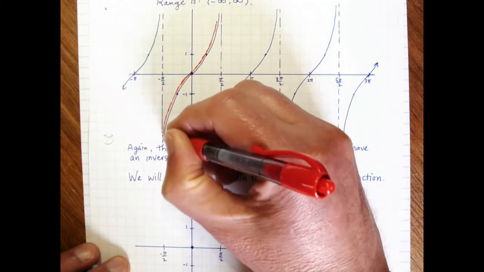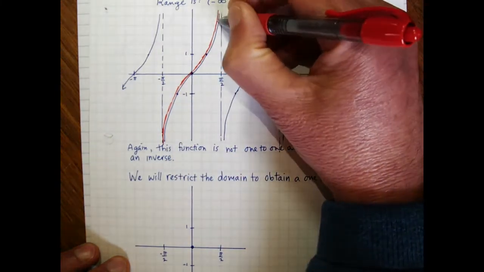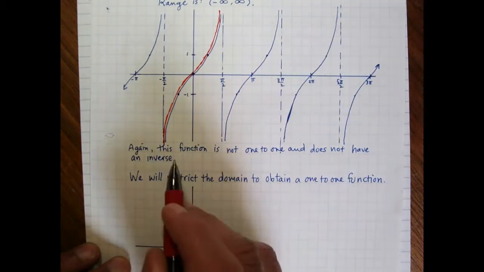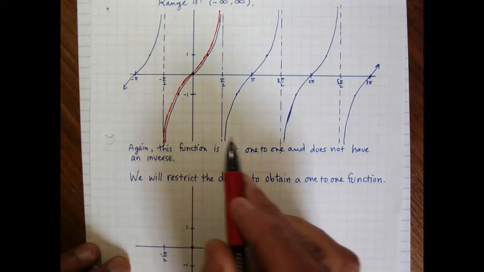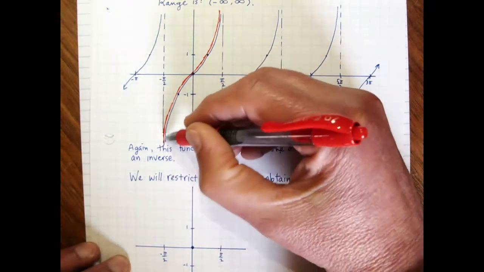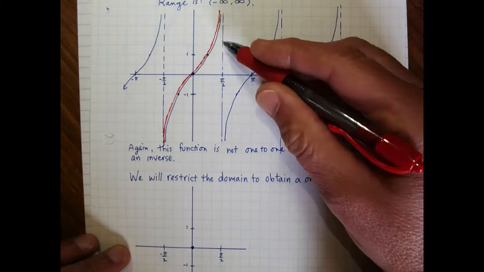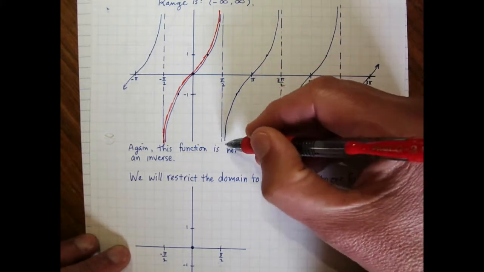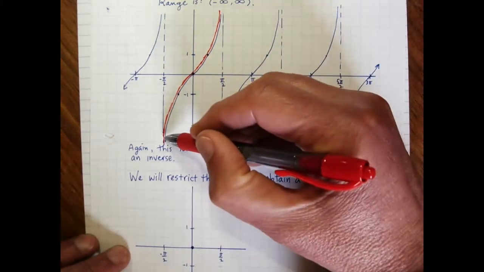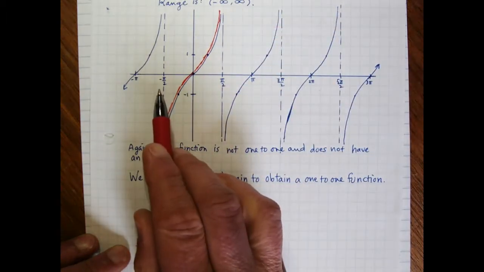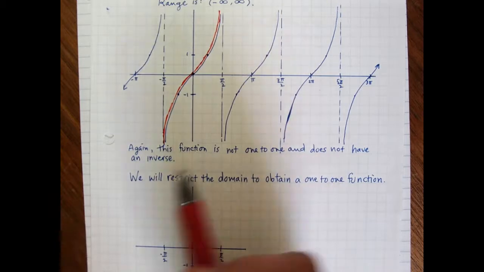In fact, we can take this sort of obvious choice of one full branch of the tangent function between two vertical asymptotes, and the function is one-to-one on that stretch. If we try to move beyond this to any other branch, we'll lose that one-to-oneness. So this is it. We just take one branch from negative pi over 2 to pi over 2.